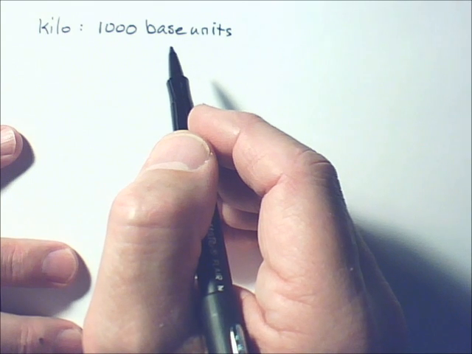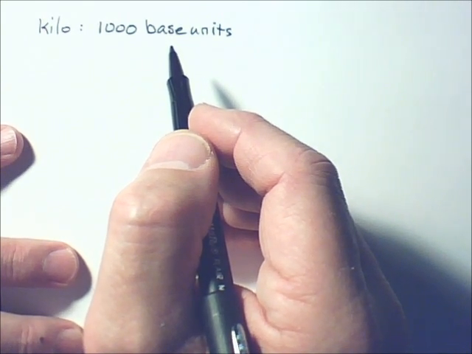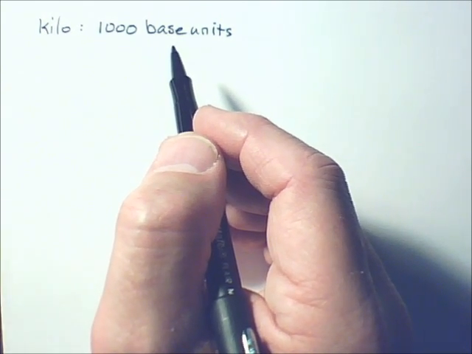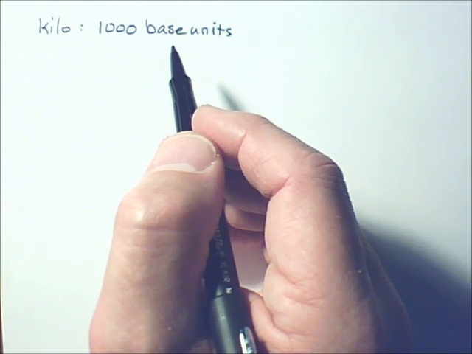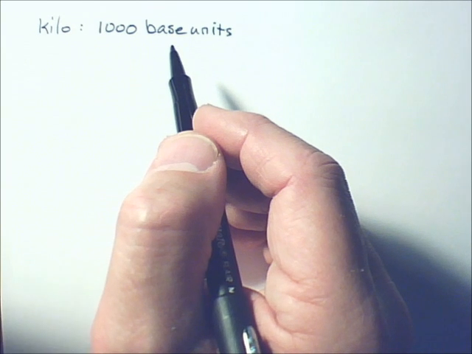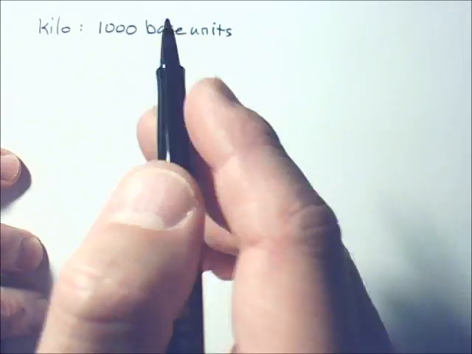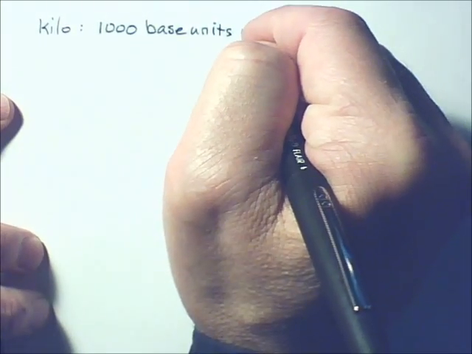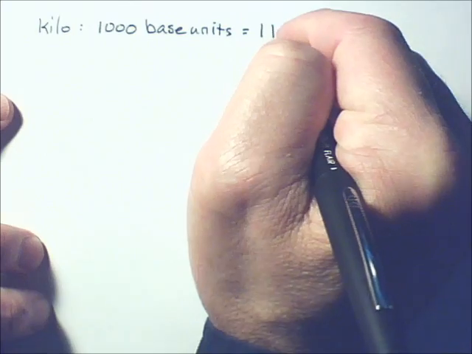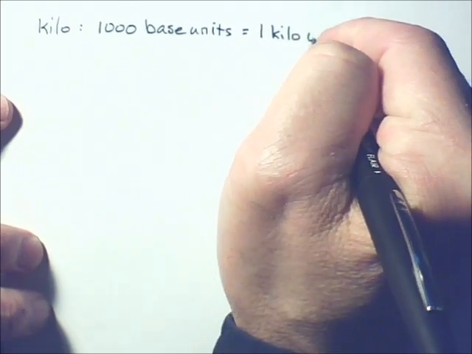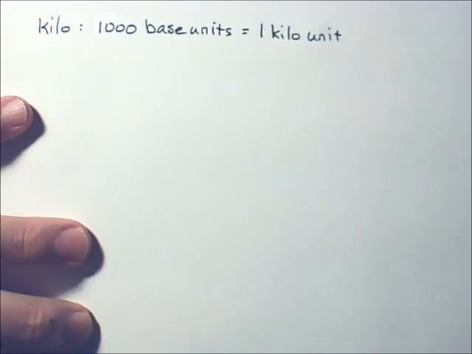Kelvin is a base unit. Amperage or amps is a base unit. There are lots of base units in the SI system, which is the metric system. So 1,000 base units is equal to 1 kilo unit.